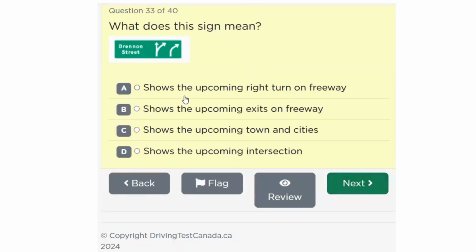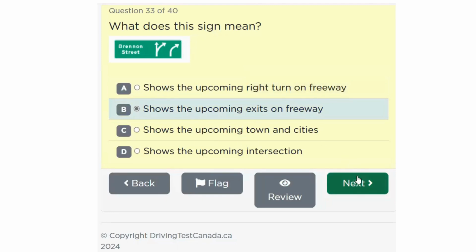What does this sign mean? Shows the upcoming right turn on the freeway. Yes. I think upcoming exits. Town and cities.